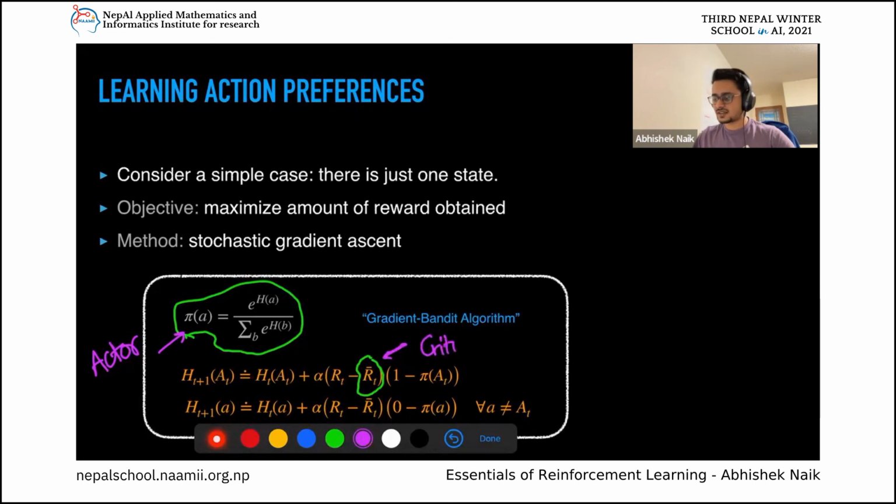If the action was good, it will tell it to improve the preference. If it was a bad action, it will say, oh, decrease the value of this thing. So this is an actor, this is a critic, and this is the basis of a famous family of algorithms in RL called the actor-critic algorithms. And you'll learn some details of this in lecture 3.